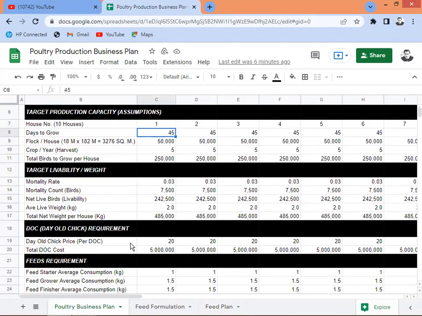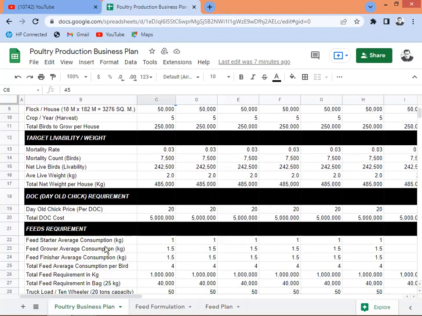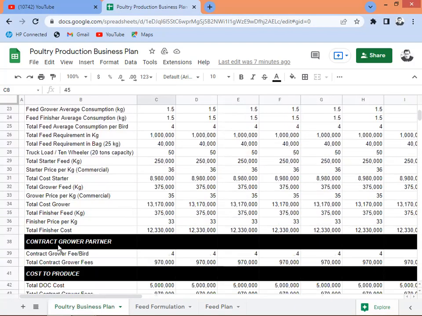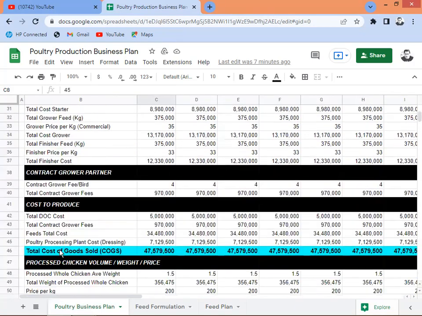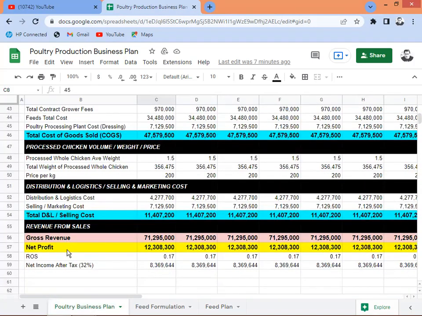Okay, and I also indicated here all the parameters, all the requirements to grow the broiler chicken, which is the target livability. DOC means day old chick requirement, feed requirement, contract grower partner, cost to produce, processed chicken, etc., and cost of goods sold or COGS.